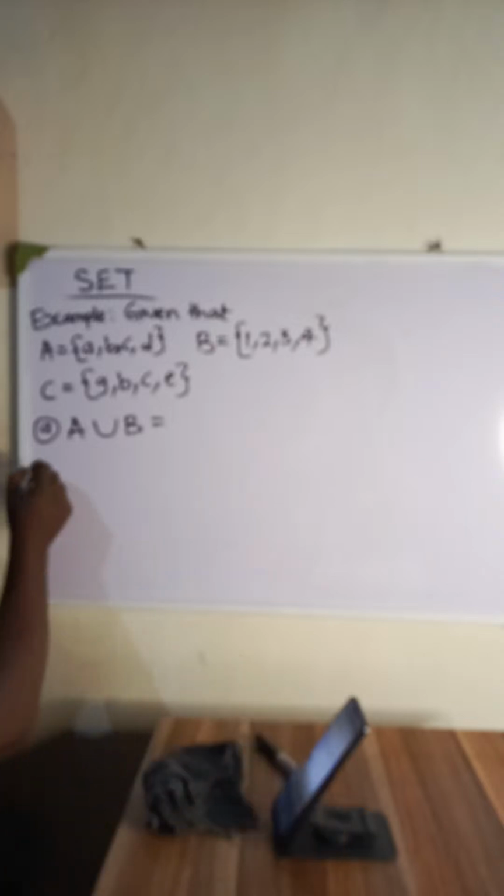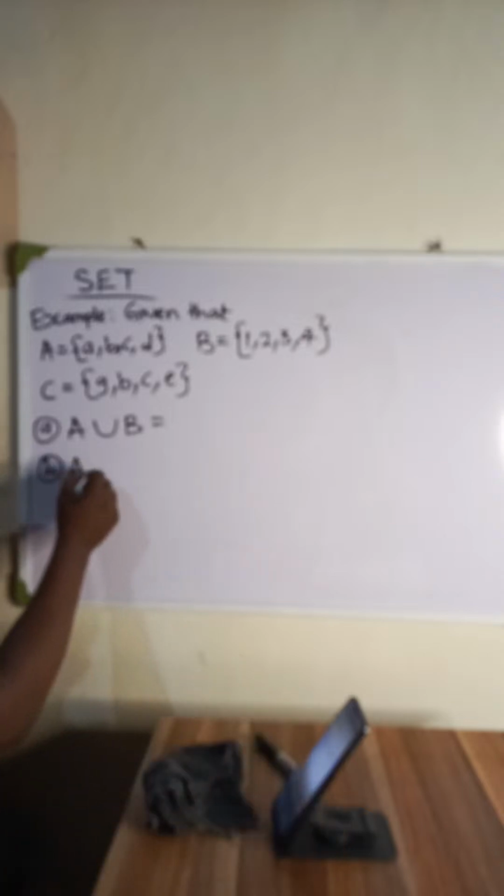Okay, what about A intersect B? What will it be? Somebody said 1, 2, 3, 4. Ture said it's a mistake.